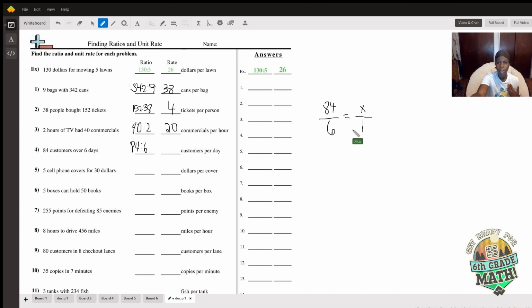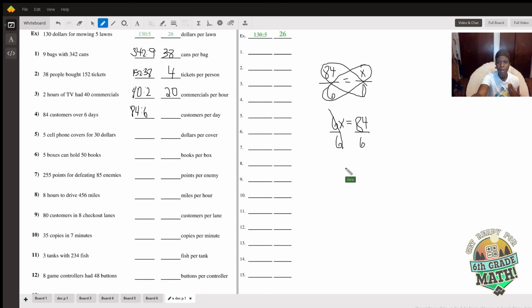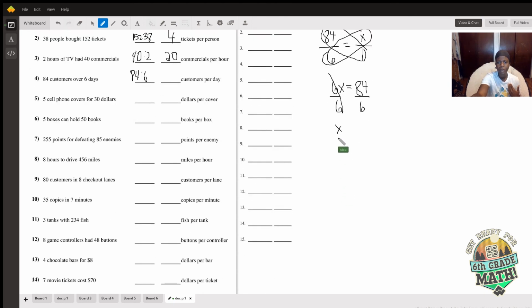We cross multiply. We end up having 6x equals 84. We divide by 6 on both sides. And then we need to get the 84 divided by 6. So again, I'm going to do the long division way, but if you know how to divide using the box method, go ahead, as long as you get the answer correct.